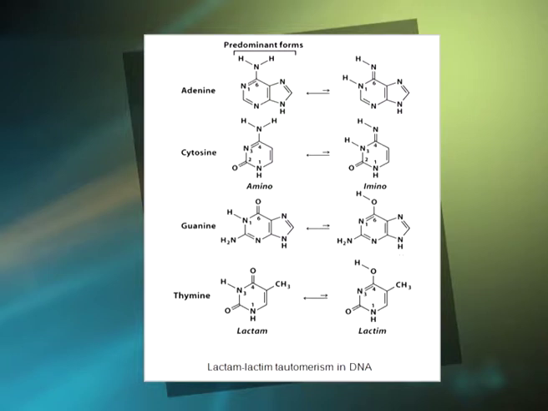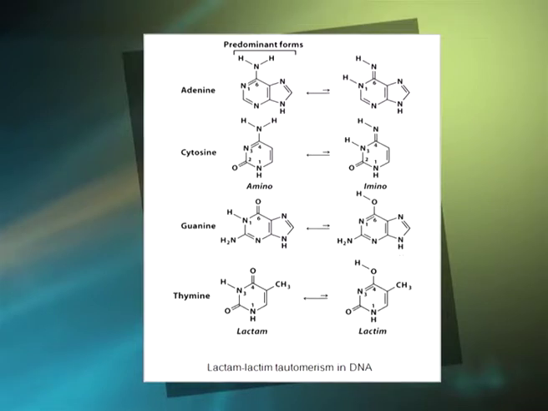Here you can see a figure in which lactam-lactim tautomerism is represented in the DNA. The keto tautomer is called a lactam ring, whereas the enol tautomer is a lactim ring. The lactam tautomer is the predominant form at neutral pH.